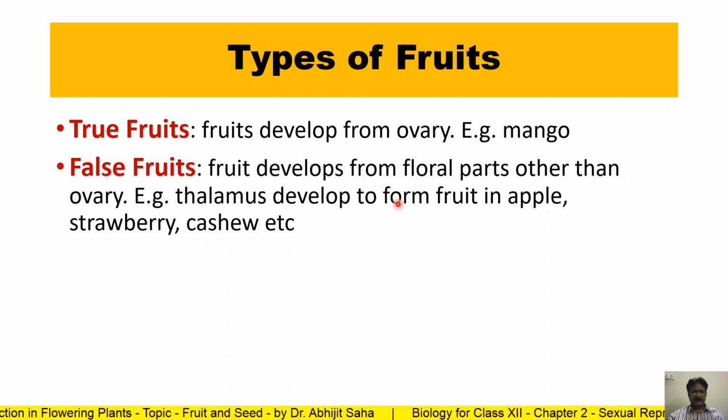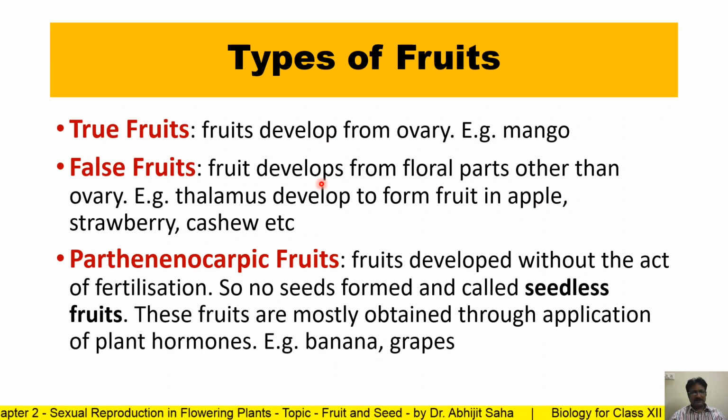Then now the question is, in case of apple, strawberry, cashew and many others like pears, how do they form? These fruits do not form from the ovary. Rather, the fleshy structure which we consume as a fruit is the thalamus. Here, instead of the ovary, it is the thalamus which develops, is fleshy and edible. That is why these fruits are called false fruit.